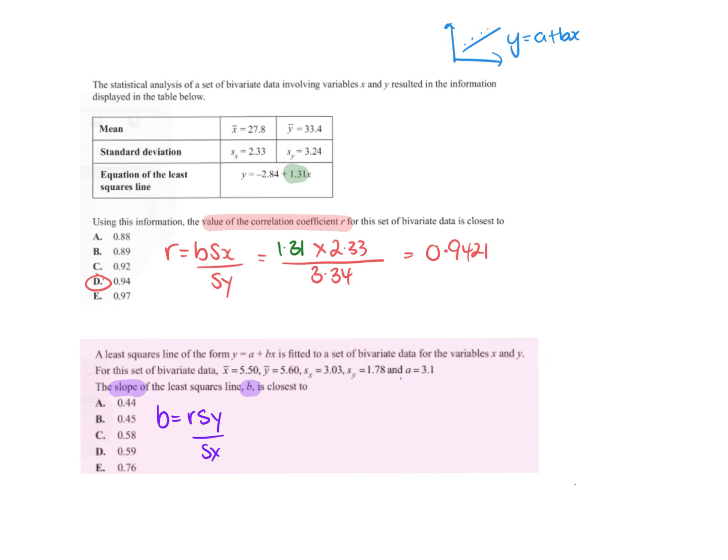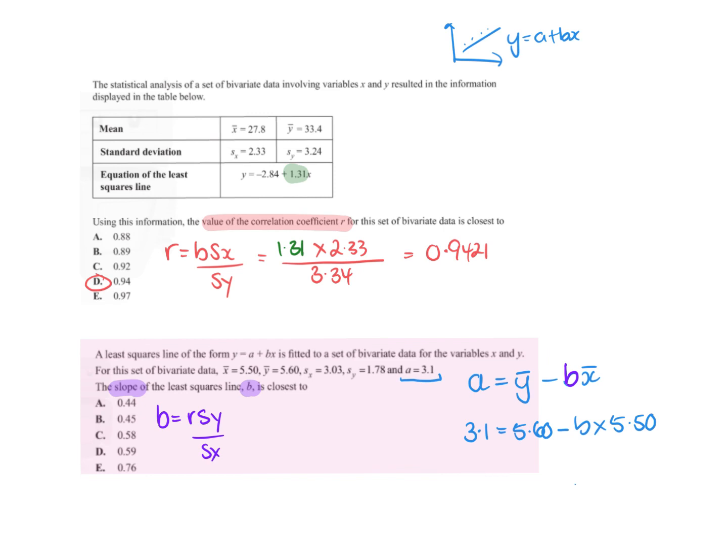Now, because they gave me the A value, I do have a formula, and if you remember, the formula for the A value had the B in there. So there's that slope written here. If I have all the other pieces of data, which I do, so A is 3.1, the mean of Y is 5.6, minus B, and we know the mean of X, which was 5.5.